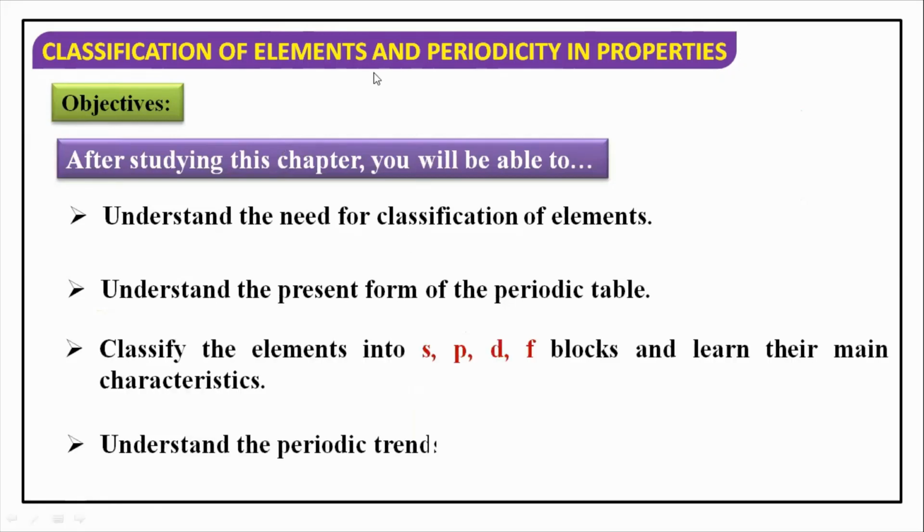To understand the need of classification, that is why we need to classify the elements. To understand the present form of the periodic table, how we are classifying the elements into S, P, D, F blocks, and the periodic trends of the elements, that is, how their properties trend and what their period is.